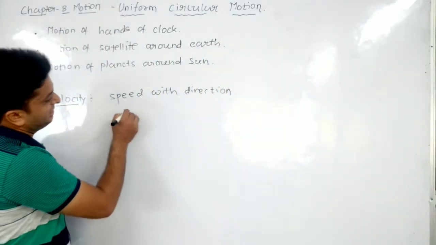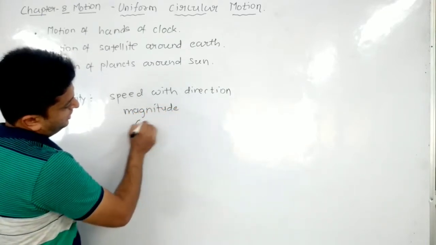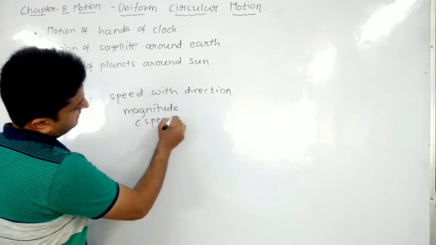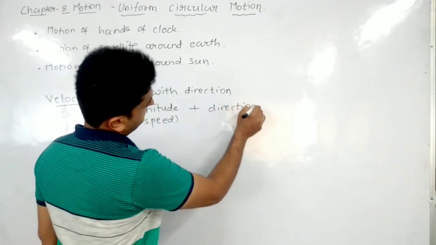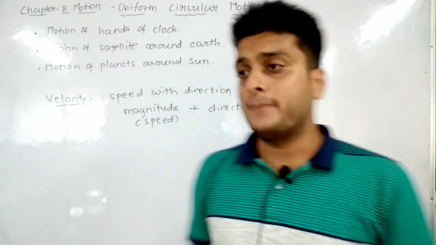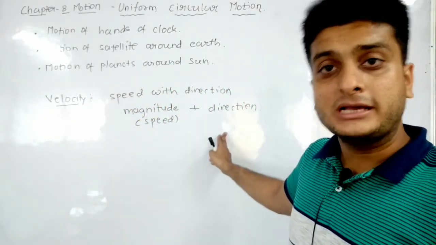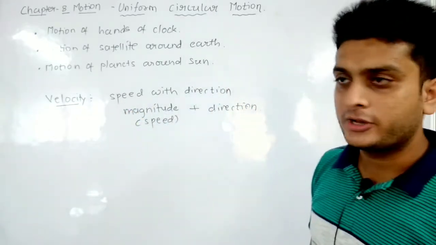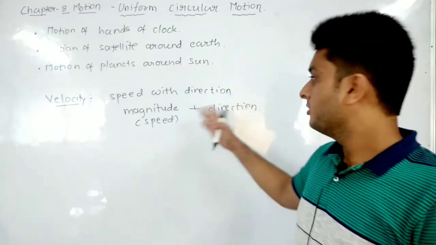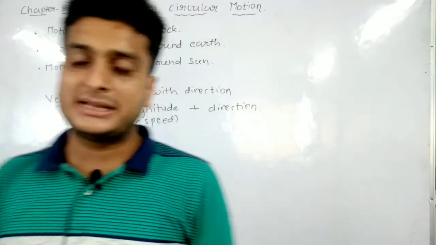First is magnitude, and this magnitude we can call as speed also, and second, it also has the direction. Okay, so if the magnitude or direction, any of the two is changing, we can say velocity is also changing. Okay, either the magnitude change or the direction change, we can say the velocity of the object is changing.